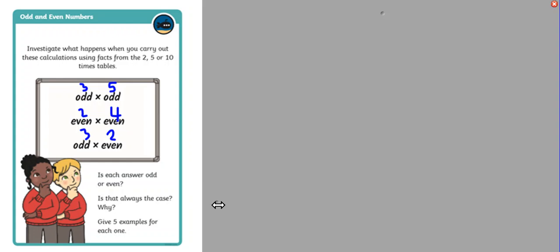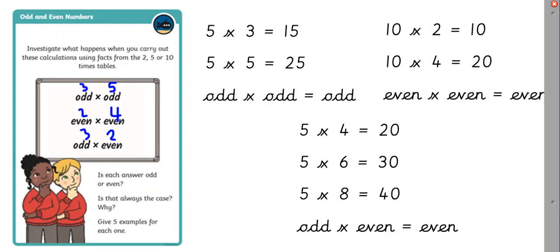Let's have a look at the answers then. So, for your first one, odd multiplied by odd, 5 times by 3 is 15. 15 is odd because it ends in a 5. 5 times 5 is 25. Again, 25 is odd because it ends in a 5. So that must mean that an odd number multiplied by an odd number equals an odd number.